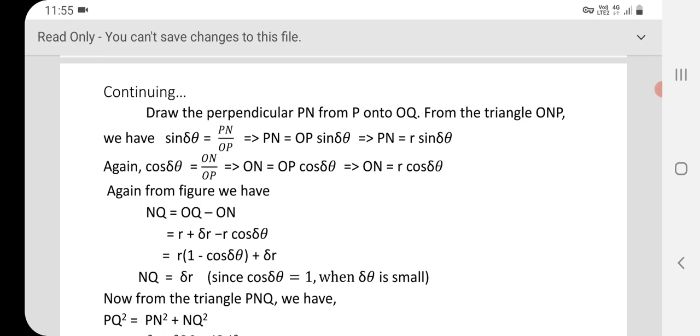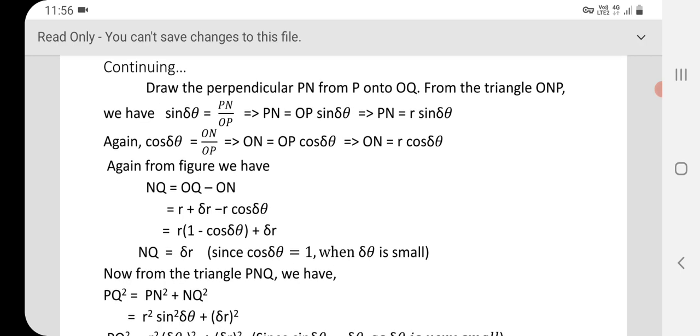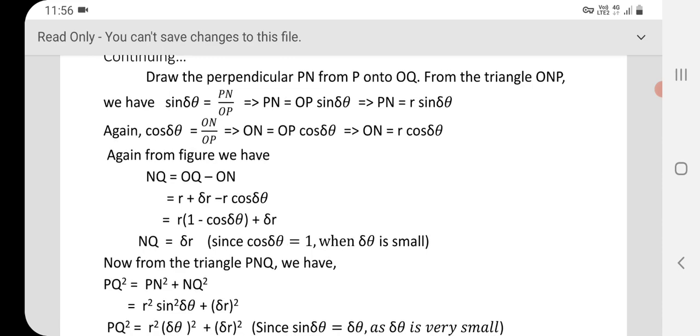Again, cos delta theta equals ON by OP. Therefore, ON equals OP into cos delta theta. This implies ON equals r into cos delta theta. Again, from the figure, we have NQ equals OQ minus ON.